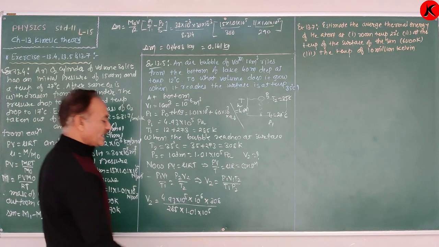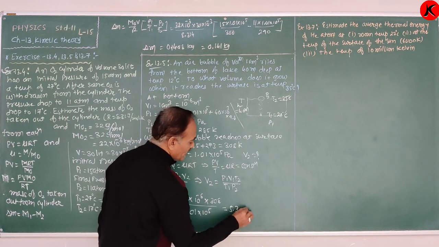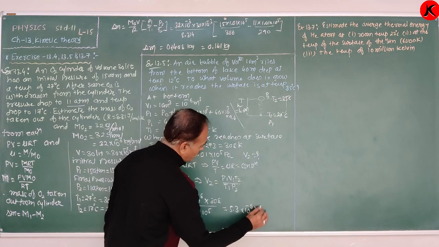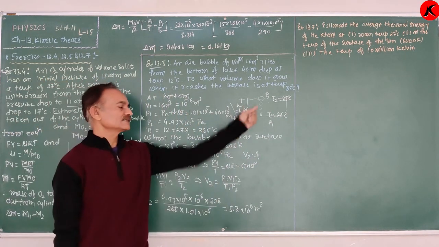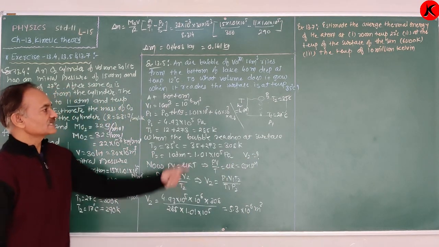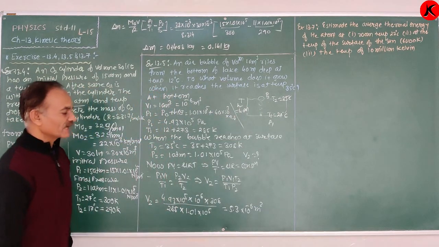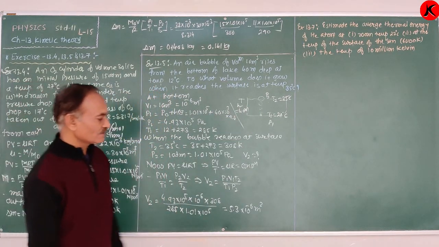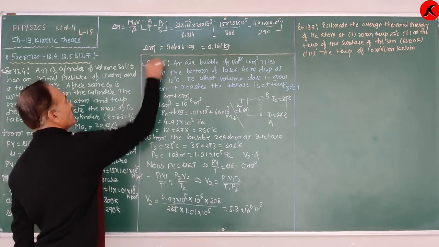As we simplify, we get 5.3 into 10 to the minus 6 meter cube. So the volume of the air bubble on the surface is 5.3 into 10 to the minus 6 meter cube. Initially it was 10 to the minus 6, and when it reaches the surface the volume becomes 5.3 into 10 to the minus 6 meter cube. So this is also a most important numerical.